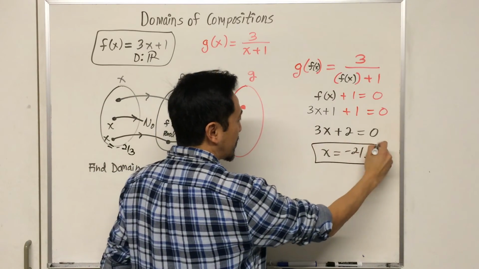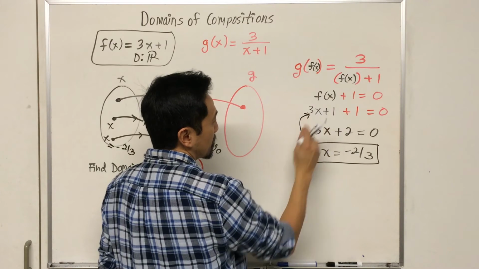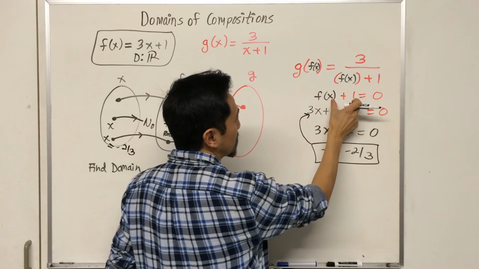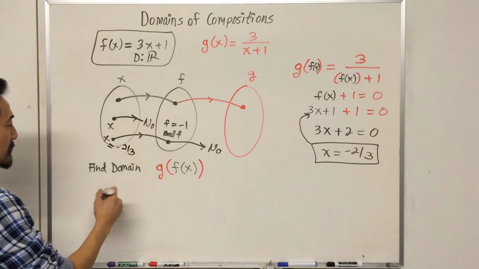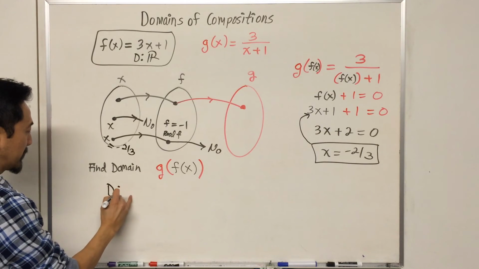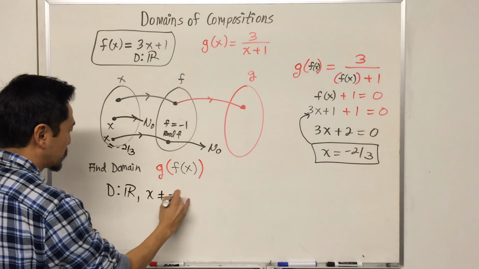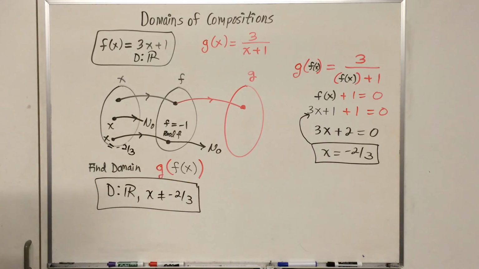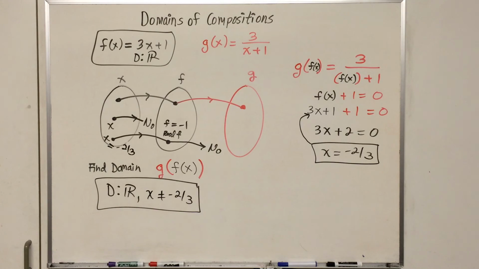When x here in black is plugged into the f function, okay, it will then add with 1 and make our denominator for g equal to 0. Okay? So, in conclusion, what's our domain? The domain is all real numbers except for that -2/3 in black. Okay? Every other real number is in the domain of the composition. All right? Do your homework.